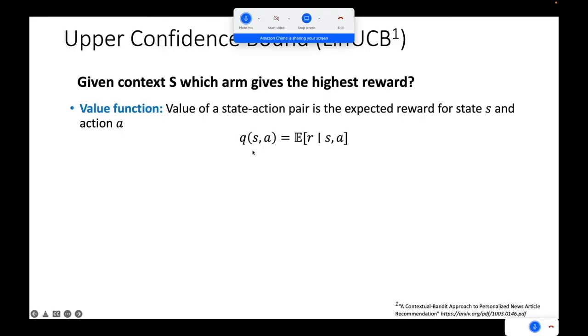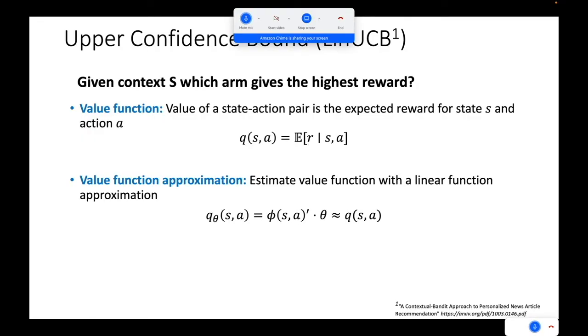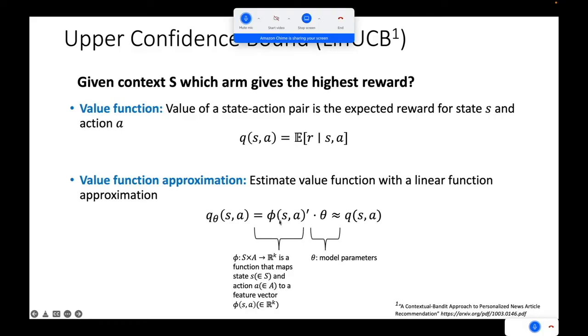Now, this value function is unknown because we do not know the underlying true distribution. So we'll make an assumption that the value function is a linear model, which is why the name is LinUCB. Here, phi is a feature transform which depends on the context as well as the action, and theta is an unknown set of parameters or the model parameters.